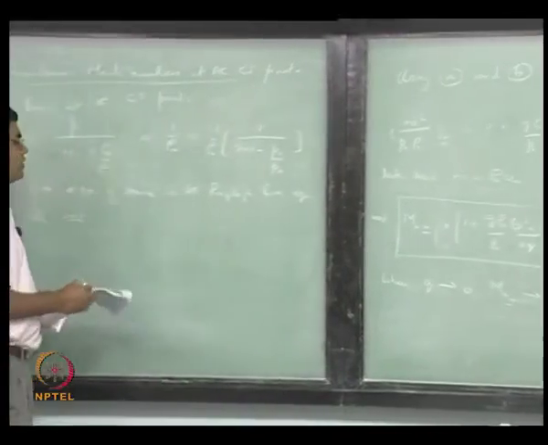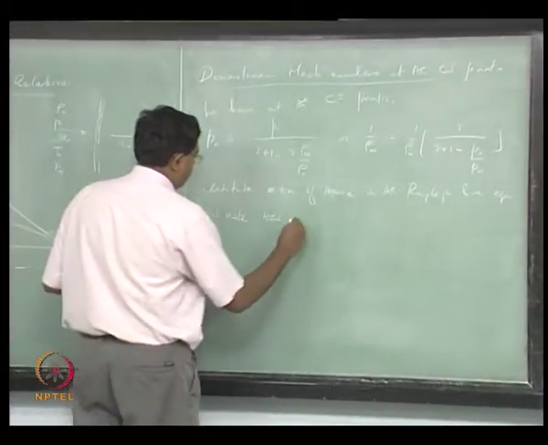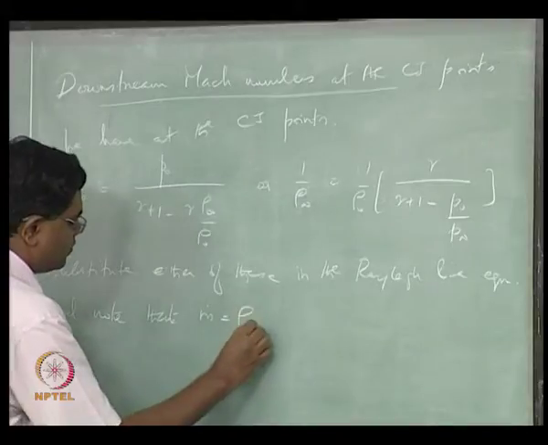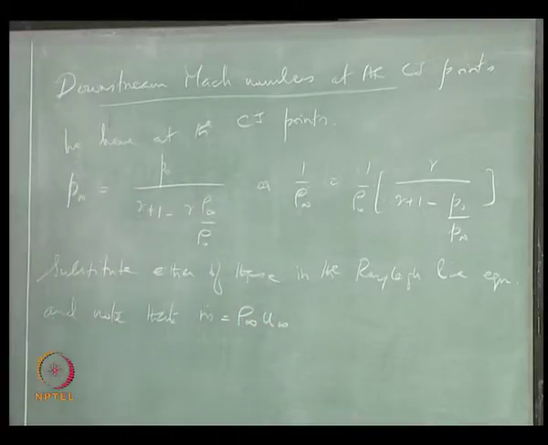So m dot is actually rho infinity u infinity. So note that m dot equals rho infinity u infinity, right.